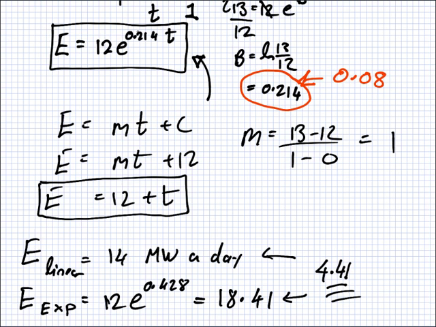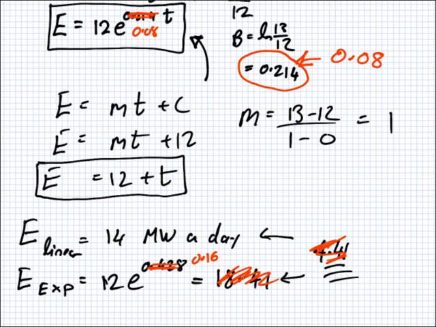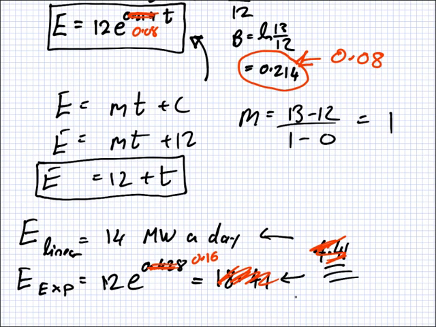So we just need to change this guy here to 0.08, which means we just need to change this guy here to 0.16. Okay, so now what do we get? That seems better. 14.08. Excellent.